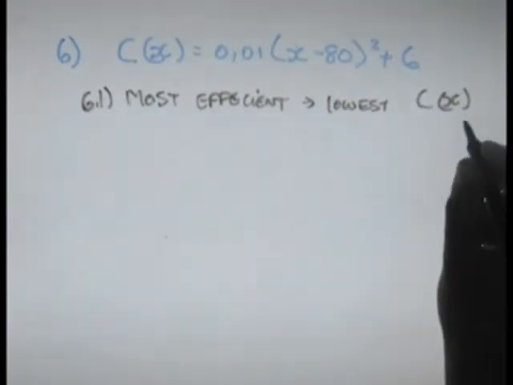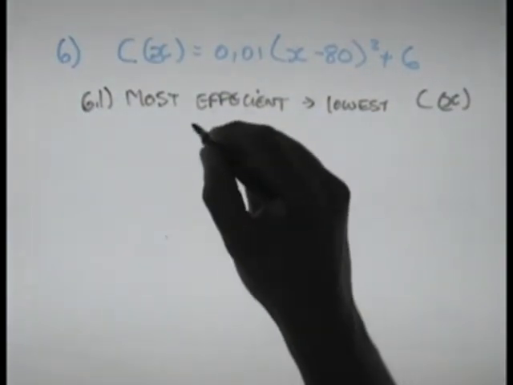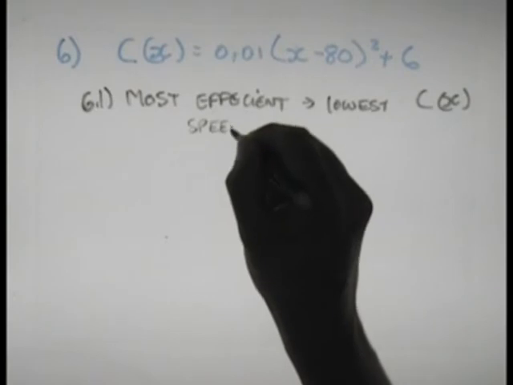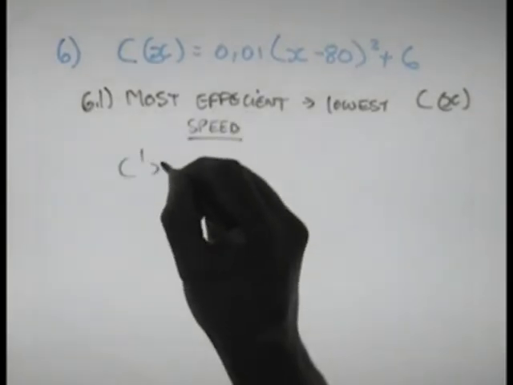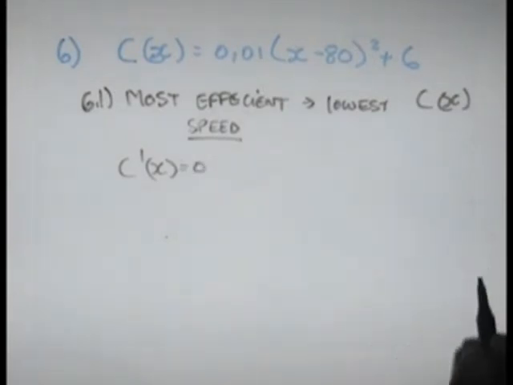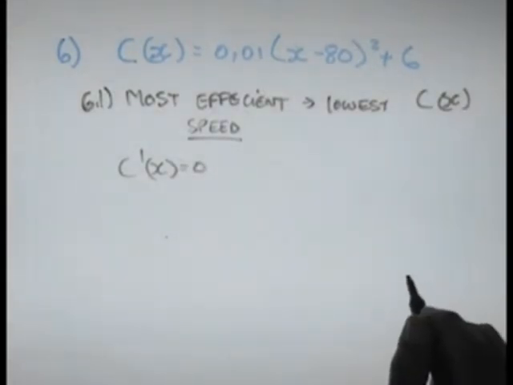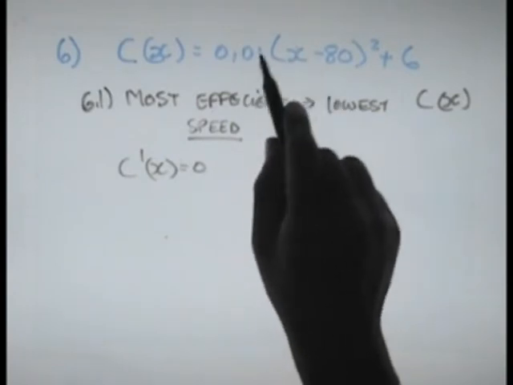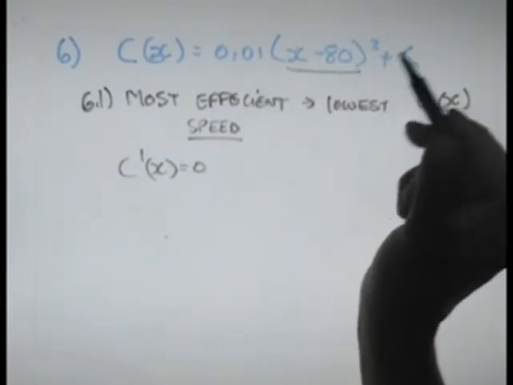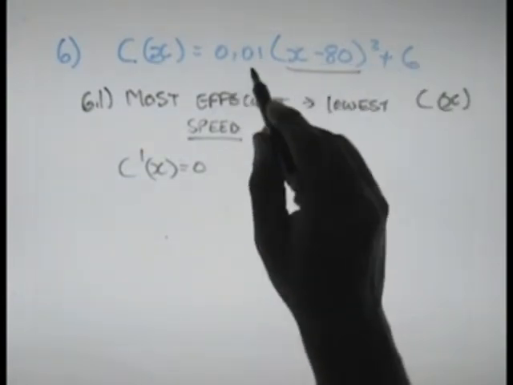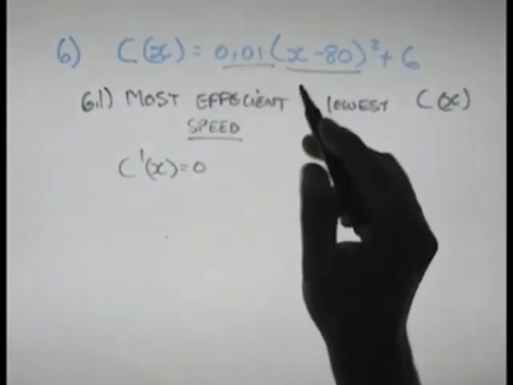And I'm looking for the x value because I'm looking for the speed. So that will be when my derivative is equal to 0. In this case here, I'm going to have to first square this bracket using FOIL, whatever you want to use, and then I'm going to have to multiply that in.